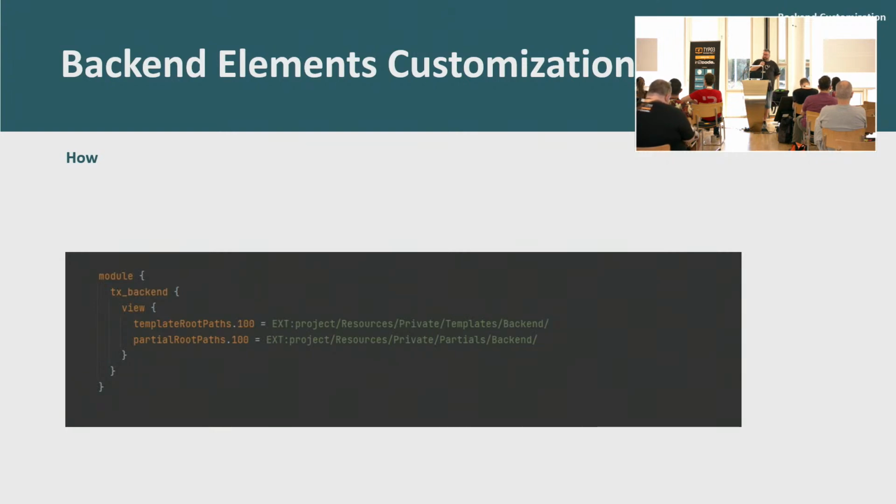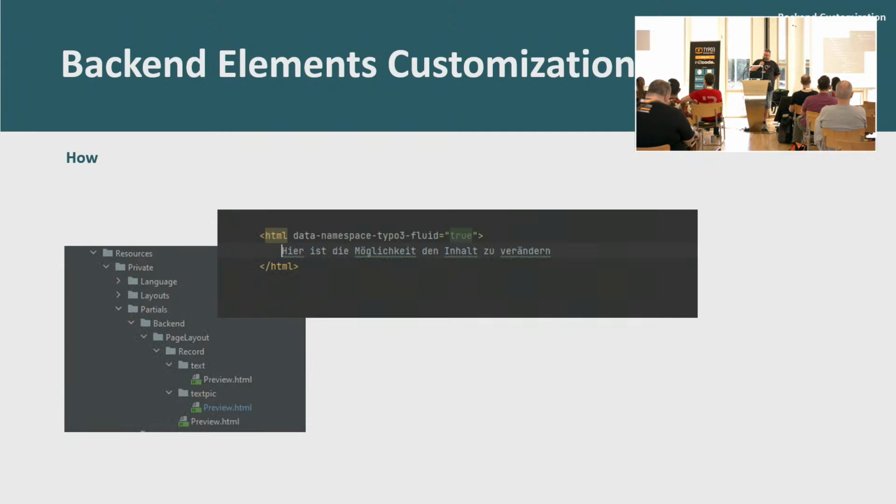And then you can override the templates very fast when you set it in this ordering. It's very funny. You see the page layout, that is, the backend folders and the page layout folder, and the record folder. This is the same as in the core.